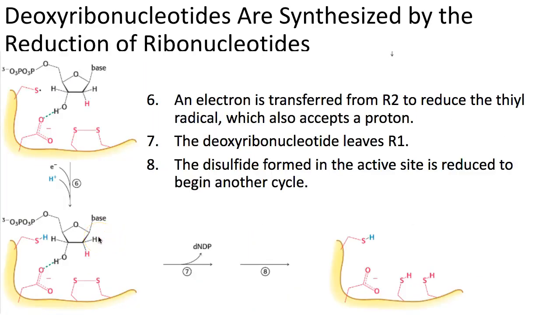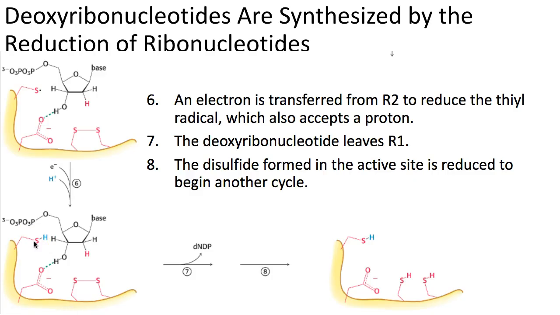And then going into step 6, an electron is transferred from the R2 to reduce the radical that is right here, which will also accept a proton from there. And so now you don't have this radical that is there.